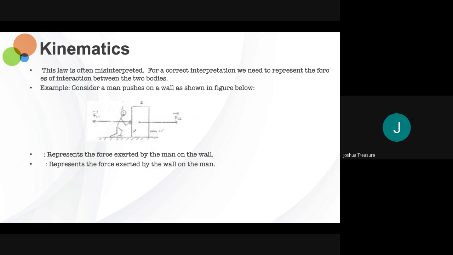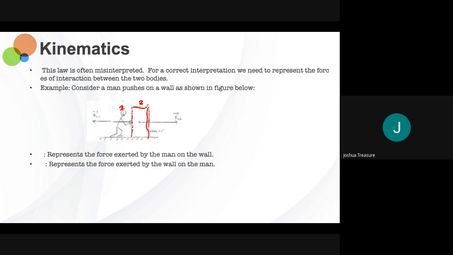Let's say this box is not moving. We have object one here, which would be Tyrese, and object two here, our box, or let's say wall. This is our wall.